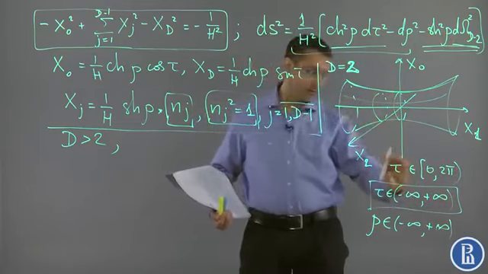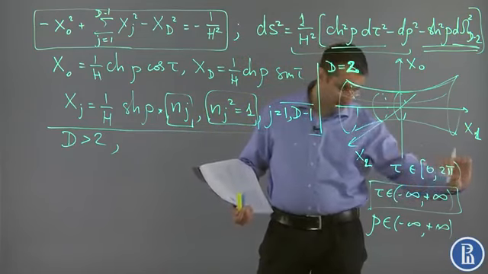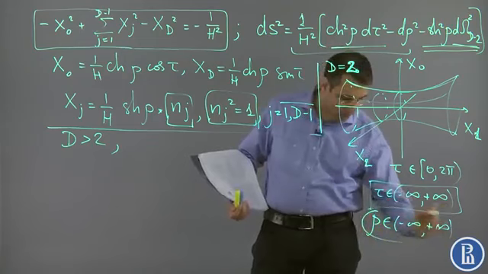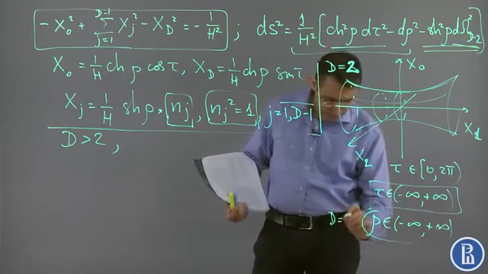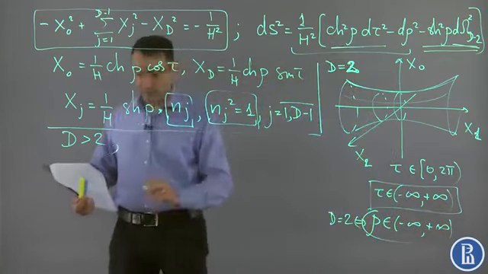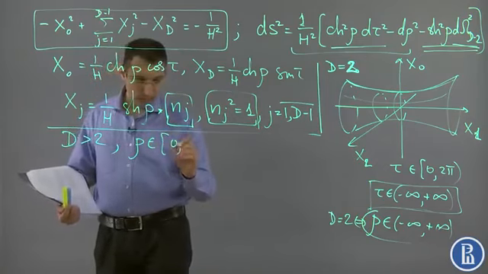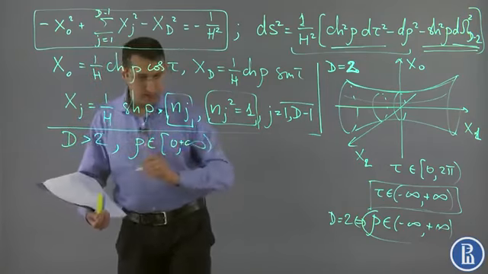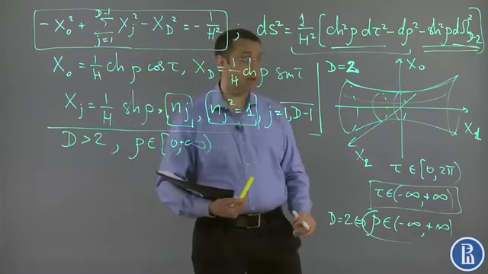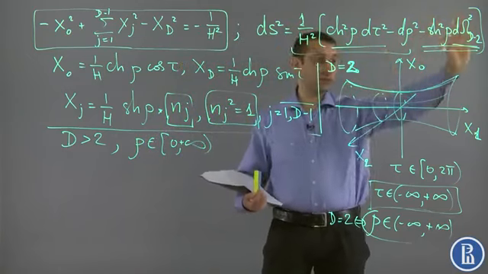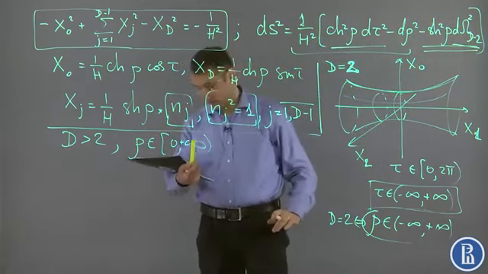It's always appropriate to have it like this, but we can consider the universal cover. But what happens with rho, that's only for d equals 2, like this. For d greater than 2, rho ranges from 0 to infinity. And that's how we cover the anti-de Sitter space uniquely, only once.